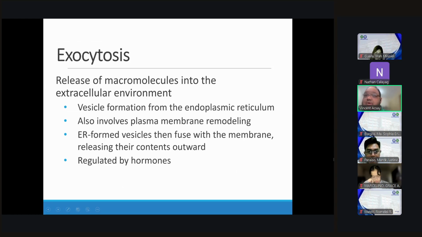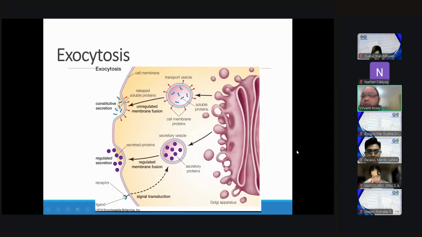This exocytosis can also be regulated primarily by drugs and hormones. So here, an example is your endoplasmic reticulum forms vesicles through its own internal membrane, plus the contents of that move through the aqueous inside and then bind with the outside or the main plasma membrane.